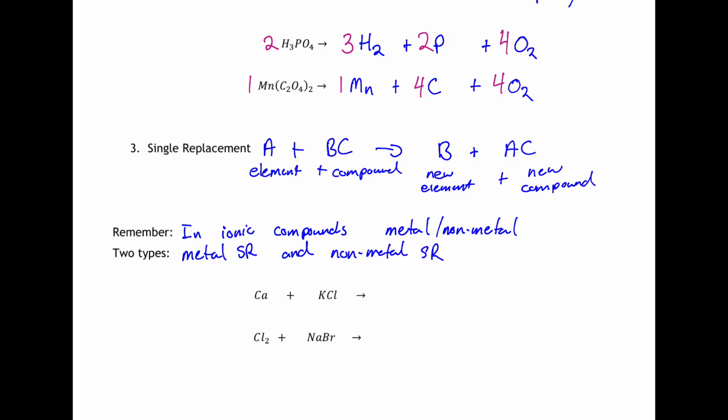Okay, so what we're going to do here: if it starts with a metal all by itself, what's the other metal in here? The potassium is the other metal. So it's going to be all by itself. And then we're going to put Ca with the Cl. So that's basically the trade. The metal traded the chlorine. So one chloride turns into the other kind of chloride.